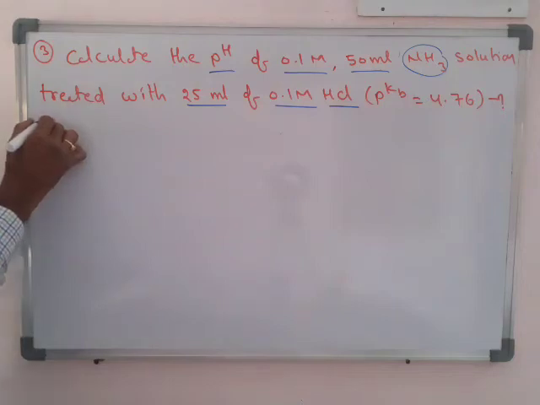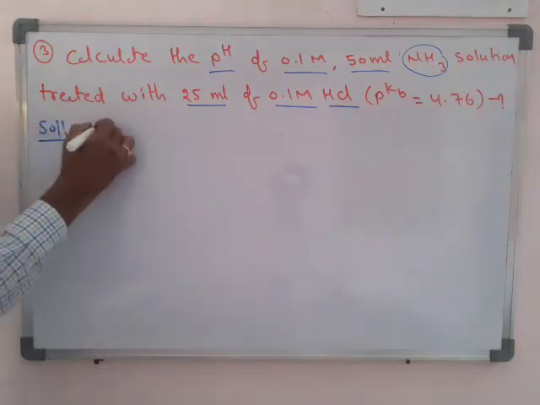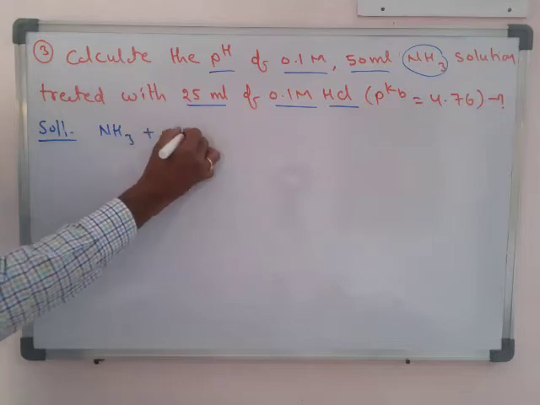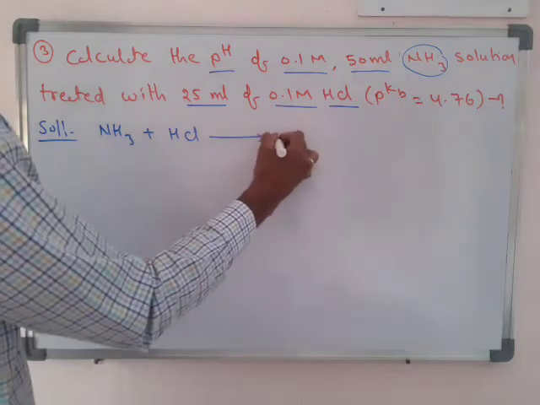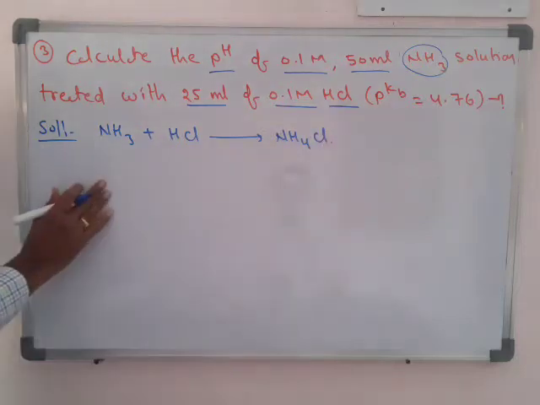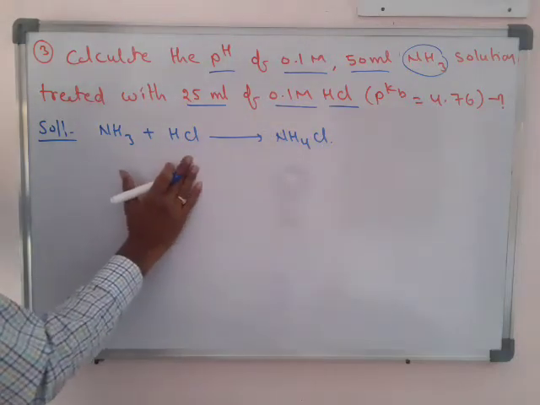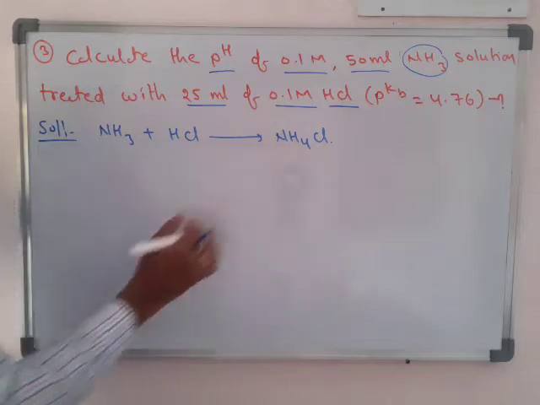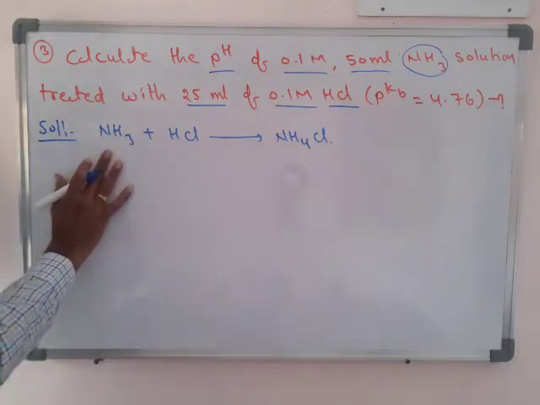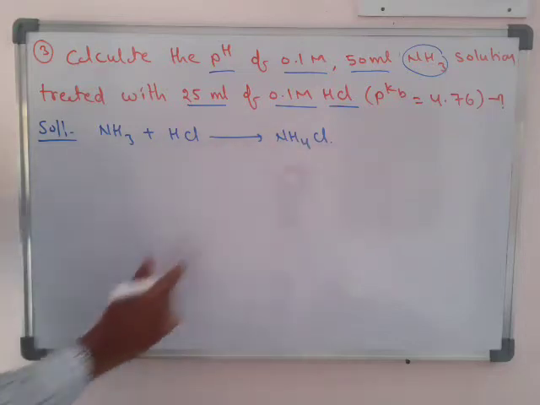So at first we see what reaction takes place between the NH3 and HCl. So already we have done this type of problem. There is a formation of ammonium chloride. So it's a base-acid reaction, formation of ammonium chloride salt. As there are no hydroxyl ions in ammonia, there is no formation of water.